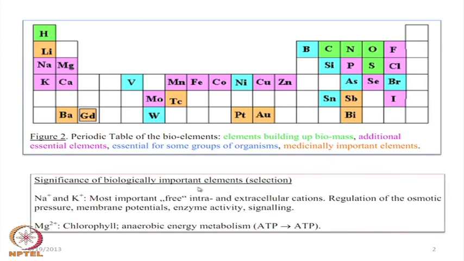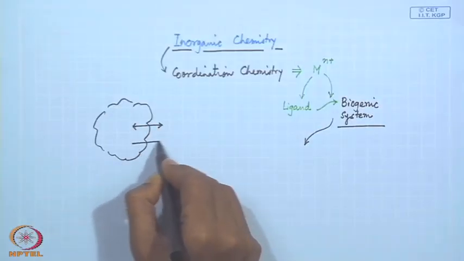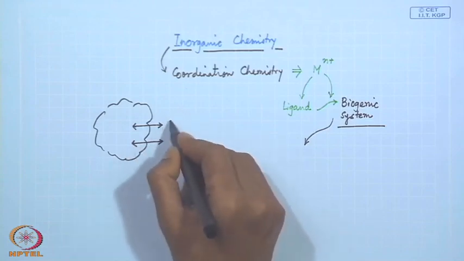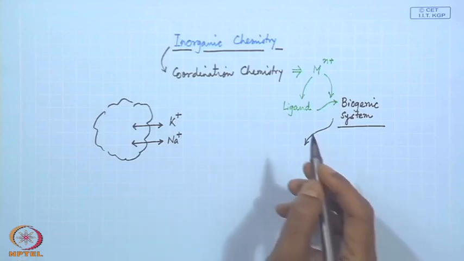So, how do we select these metal ions or these different bioelements for the important functions that nature can do for us? One such is the sodium and potassium ion. We know that within a cell system, we always have some balance for the transfer of potassium ion and sodium ion.